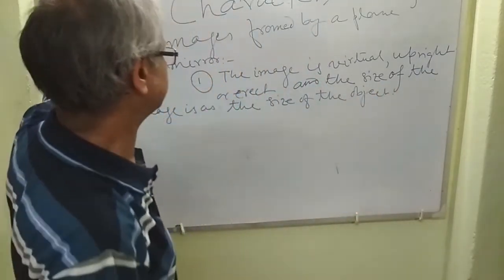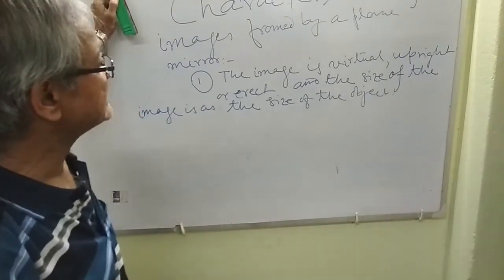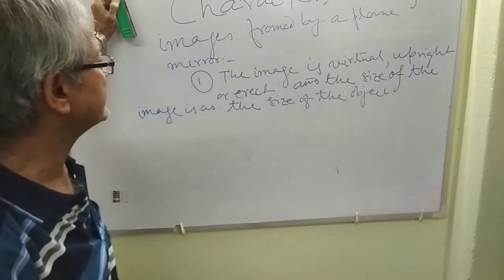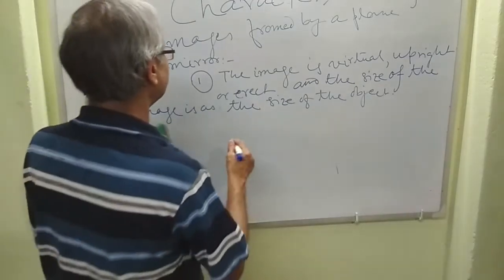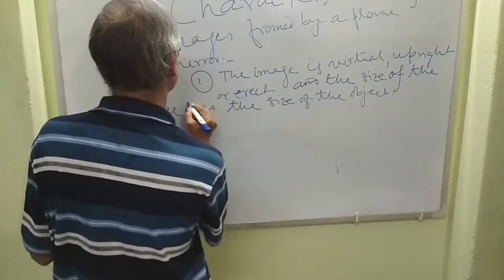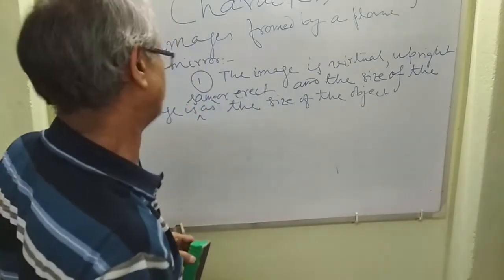First point: the image is virtual, upright or erect, and the size of the image is the same as the size of the object.